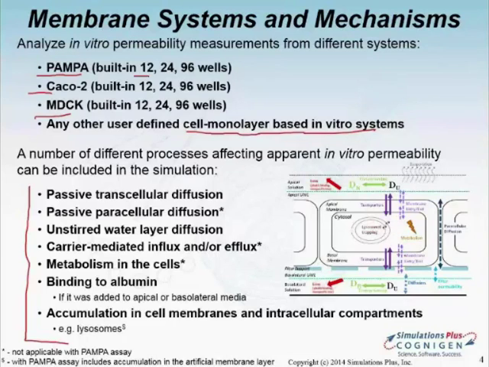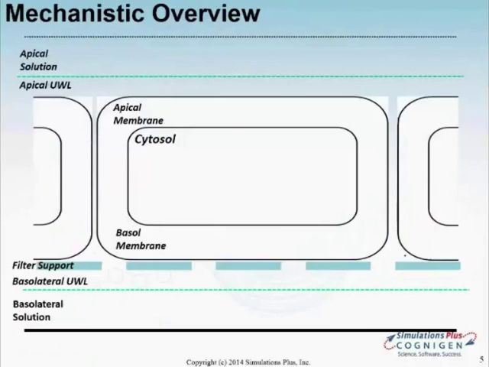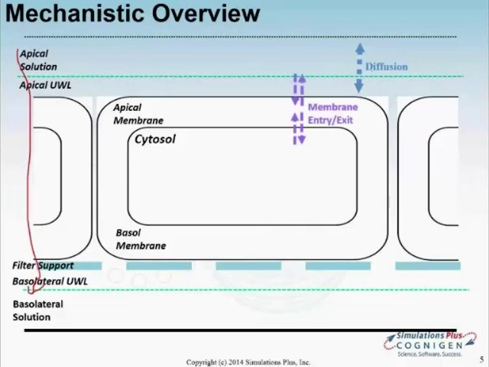Perhaps this is better discussed on the graphics. So if we look at the drug moving from the apical, the graphics here is going in the direction from apical to basolateral side, but of course the same would apply in the reverse direction. So we have a diffusion of the drug through the media in the dosing compartment, followed by the drug getting through the cells.